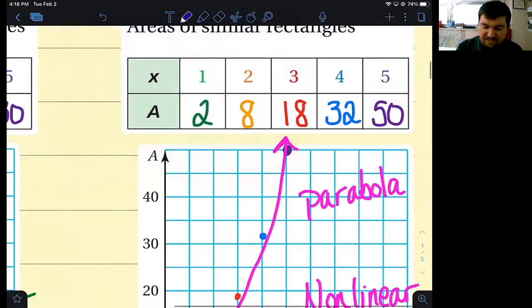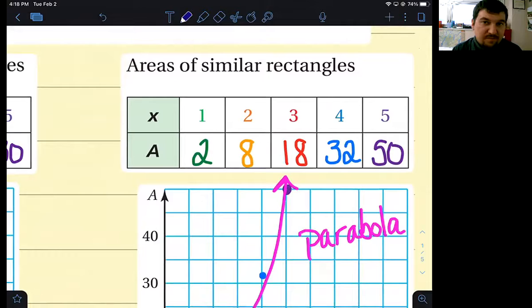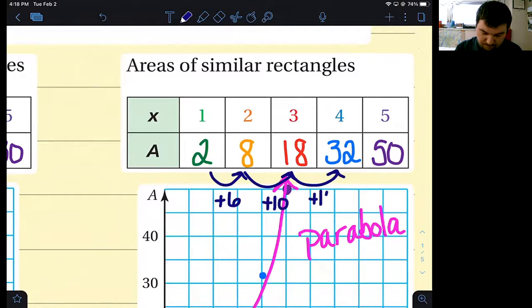I told you that the rate of change was changing here. It increased by 6, then it increased by 10, then it increased by, what is that, 14, then it increased by 18. The rate of change is changing, but look, this is interesting. The amount that it's changing by is going up by the same amount.